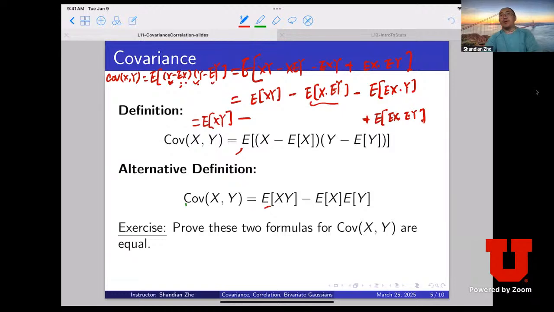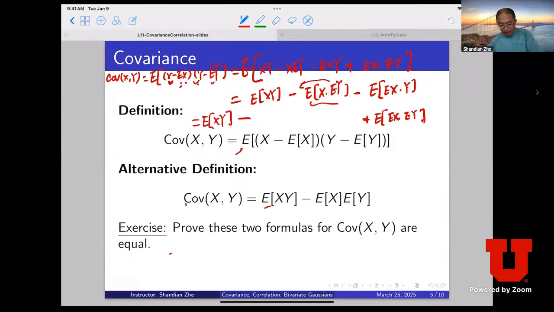Remember, you calculate the expectation of Y, and this expectation is not a random variable, just some number, like 0.5 or 3.7. It's a fixed constant. Then it means we can move this constant outside of the expectation.